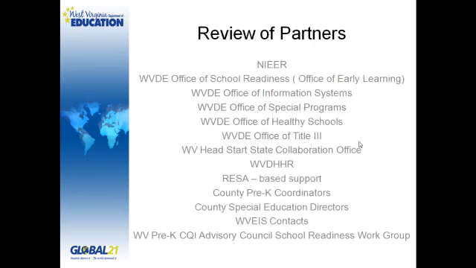We know that we had a lot of partners go into the development of this system. It's truly been a comprehensive approach that we've utilized in the development of the West Virginia Pre-K Child Assessment System, and our first partner, of course, being what was the Office of School Readiness at the department, now the Office of Early Learning, Office of Information Systems, Special Programs, Healthy Schools, Title III, which is now federal programs, Head Start State Collaboration Office, DHHR, we've had RESA-based support, we've had county pre-K coordinators, special ed directors, WVEIS contacts, and then of course the pre-K advisory, CQI Advisory Council, School Readiness Work Group.